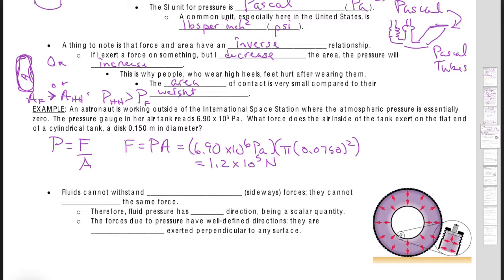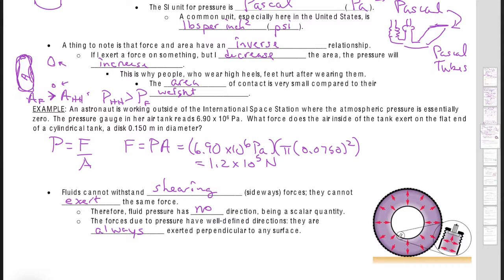Now fluids cannot withstand shearing, which, remember, is that sideways force, and so they cannot exert the same force. Therefore, fluid pressure has no direction, being a scalar quantity. And the forces due to pressure have well-defined directions. They are always exerted perpendicular to any surface, and that's what they're showing in this picture here.